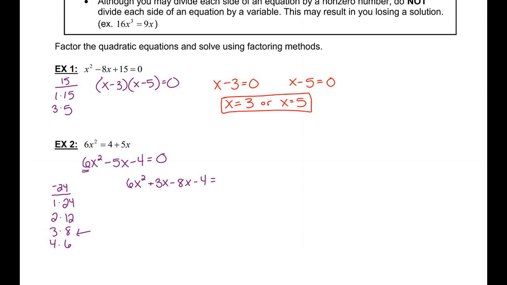And I'm going to group the first two terms together and the last two terms, and we'll separate them with an addition symbol and pull a greatest common factor out from each.